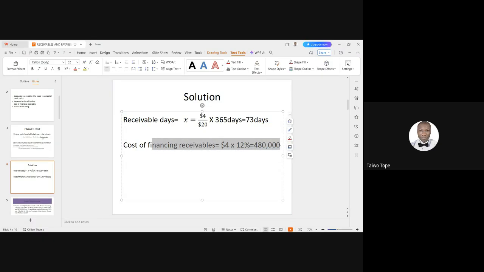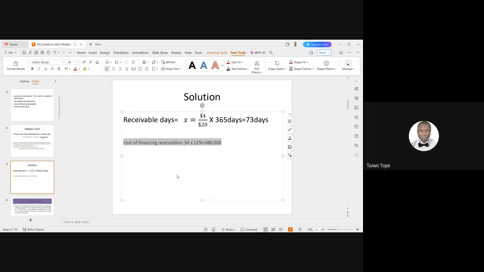Now, let me quickly make some issues very clear. When we talk about discounting, cost of financing, what we are referring to is that discounting is the process by which a bank or financial institution gives immediate cash to a business for a bill of exchange before its maturity date.